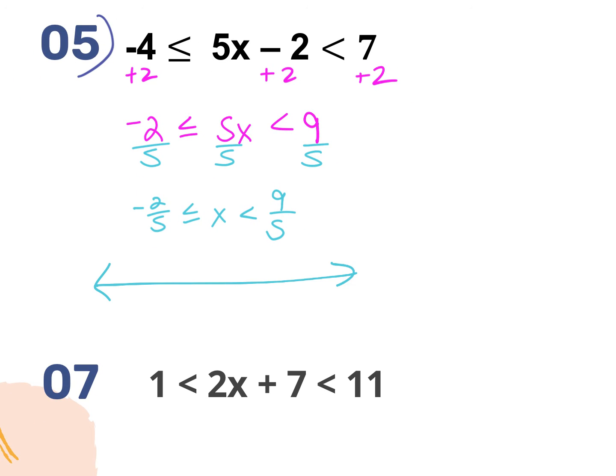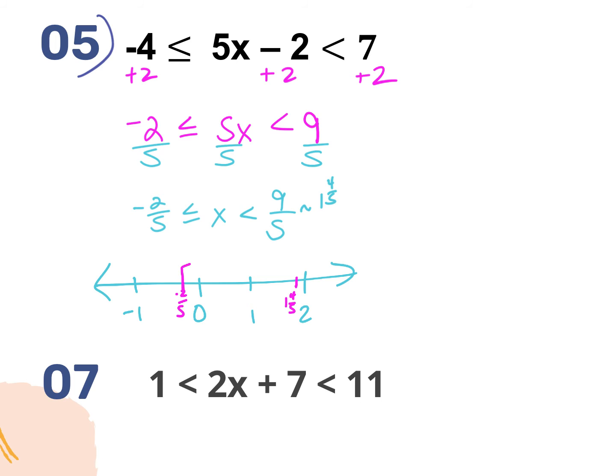So I'm going to draw my number line. I'm going to go negative 1, 0. This would be 1 and 4/5. So I'm going to go 1 and 2. I know I'm in between 0 and negative 1. It doesn't have to be perfect, but a little bit past it. Let's say that's negative 2/5. And then 1 and 4/5 would be close to 2, but it doesn't have to be perfect.